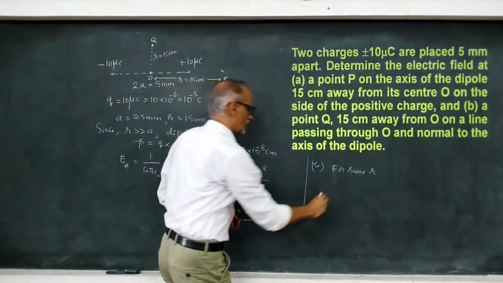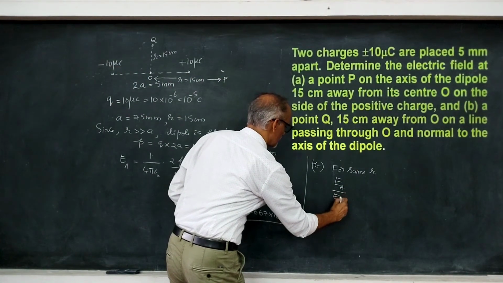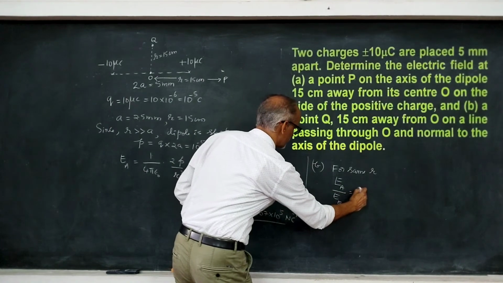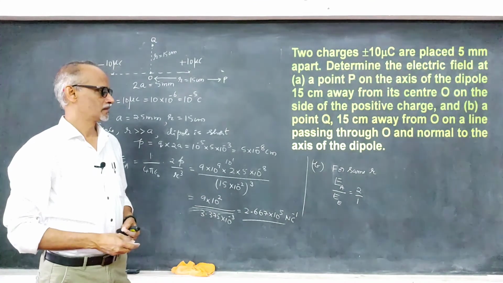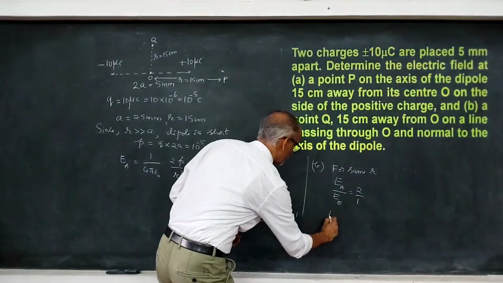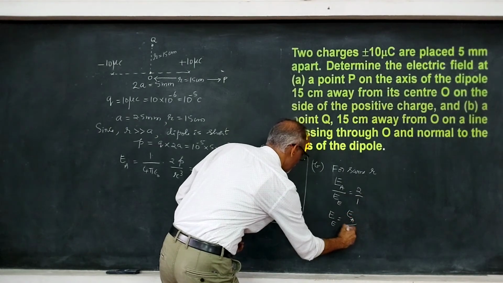Then the ratio of the electric field at a point on the axial line to that at a point on the equatorial line is always 2:1. Therefore, the electric field at a point on the equatorial line is half of the field at a point on the axial line.